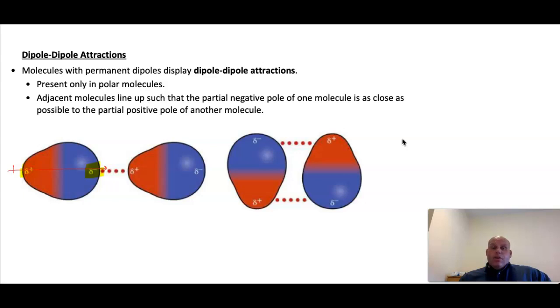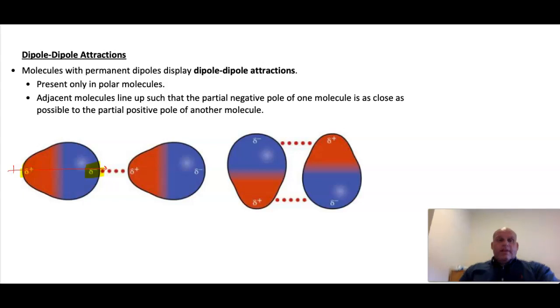The partially negative end will be attracted to partially positive regions in a nearby polar molecule. So if I have a polar substance, I'm not just going to have one molecule of it. I'm going to have numerous molecules, and all those molecules would be attracted by this dipole-dipole attraction.